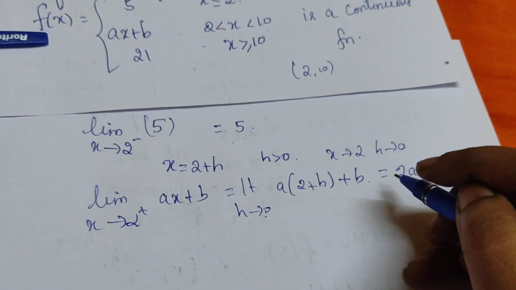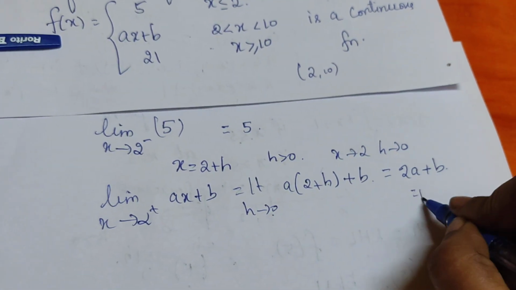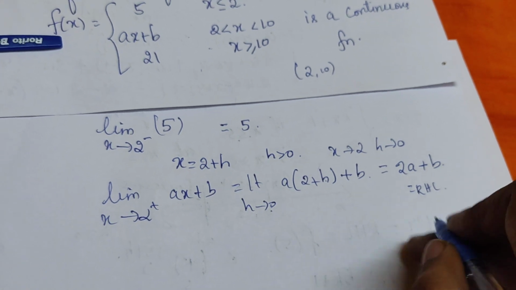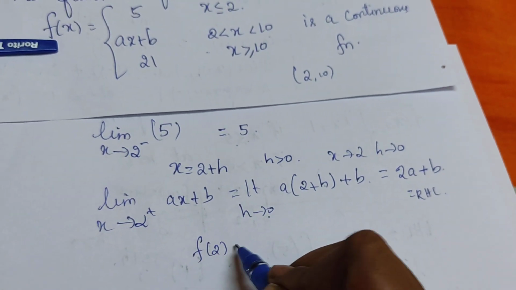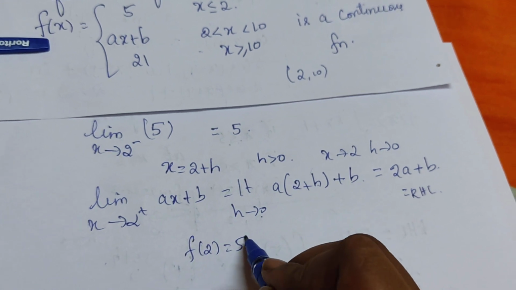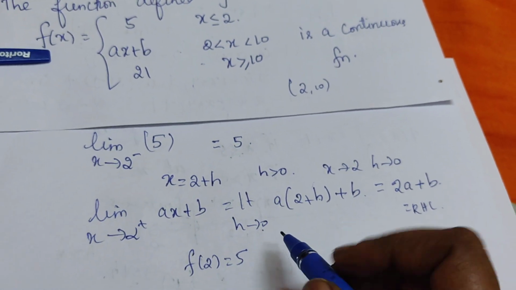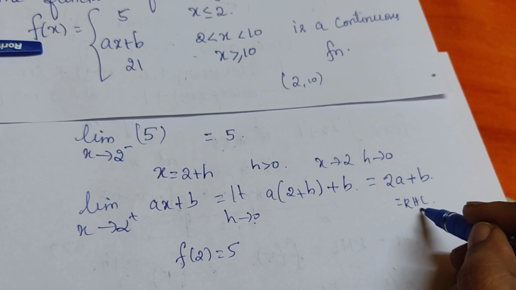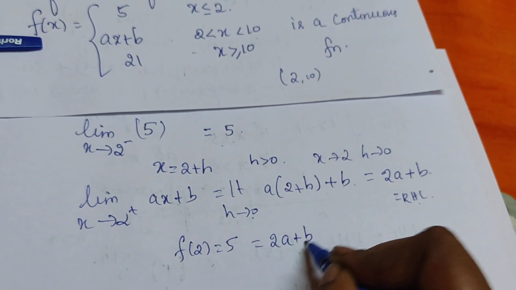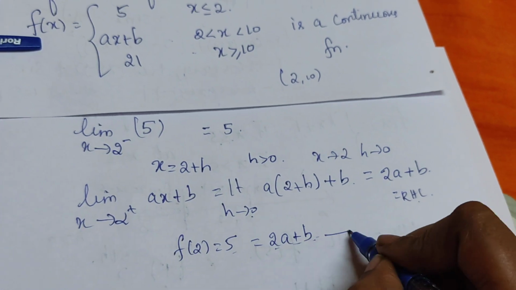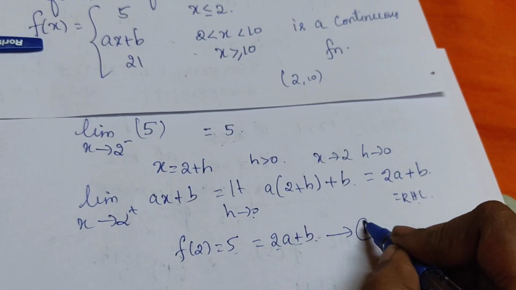So we will have 2a plus b, which is the right hand limit at 2. Now this functional value f of 2 is 5, which is a constant. Since we are assuming the function is continuous at 2, this right hand limit is equal to the functional value. So 2a plus b is equal to 5. I am taking this as equation 1.